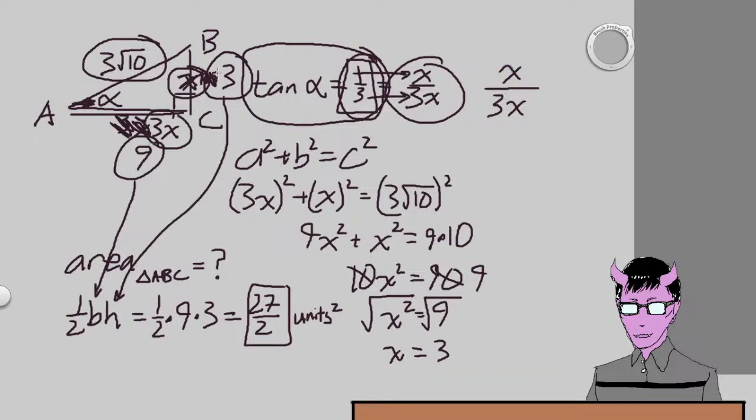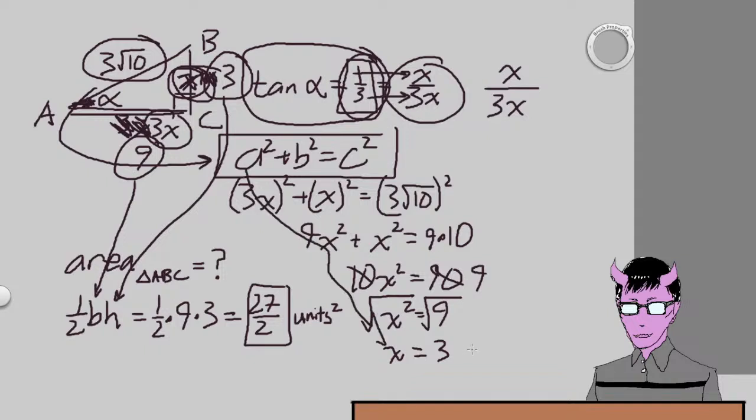Once we've defined the sides in terms of one variable, one unknown, we can set up one more equation, which is just going to be Pythagorean identity. And simplifying that, after substitution, we will get one equation and one unknown, which means we can solve for the single unknown, which is what we did up to this point.